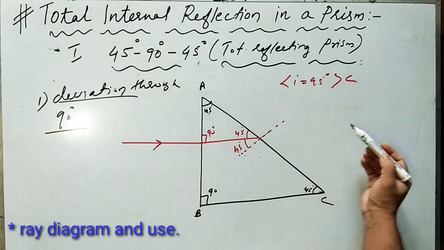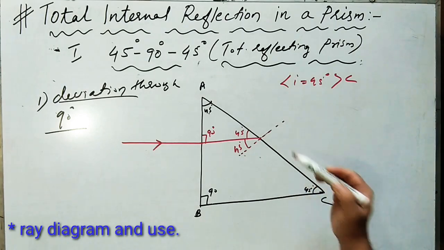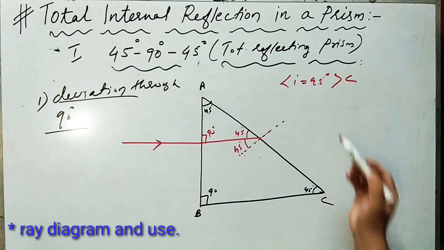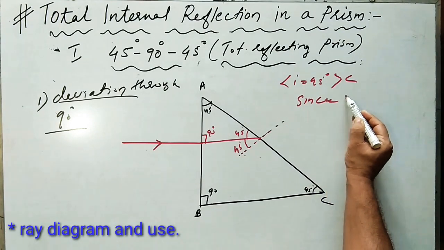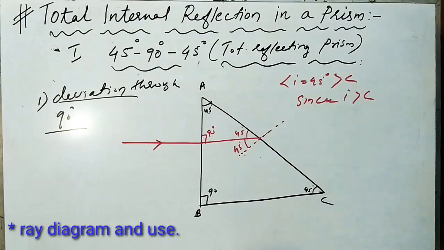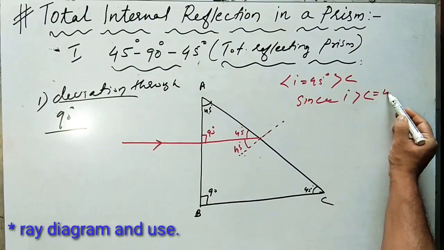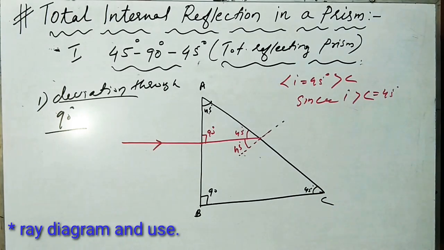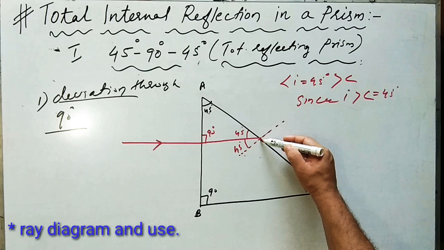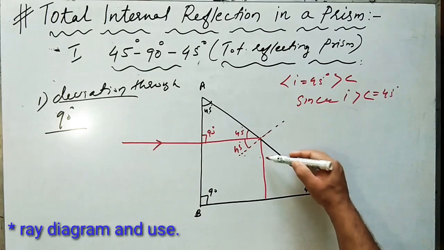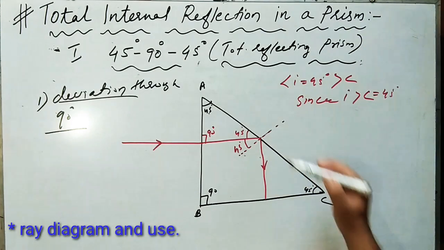What is the critical angle for the glass air interface? It is 42 degrees. So since the angle of incidence, 45 degrees, is greater than the critical angle, what will happen? Instead of getting refracted out, it will get totally internally reflected.